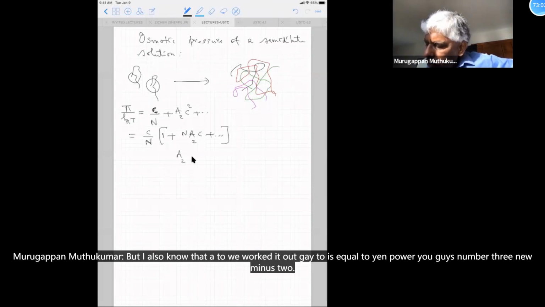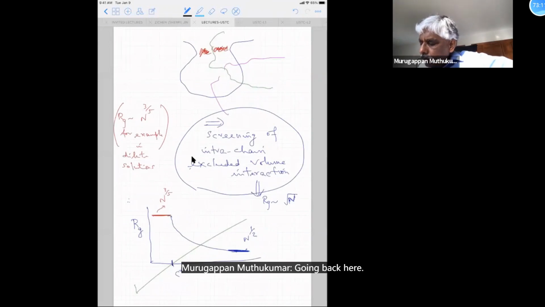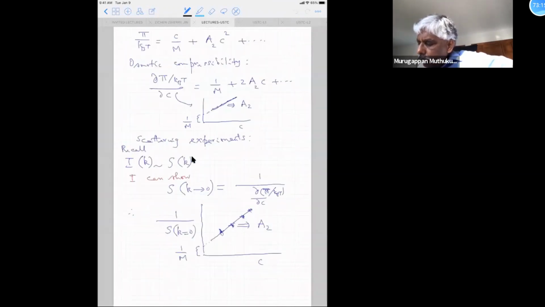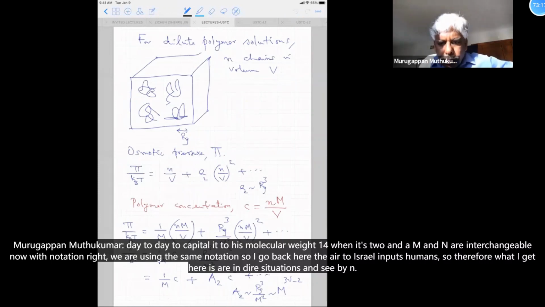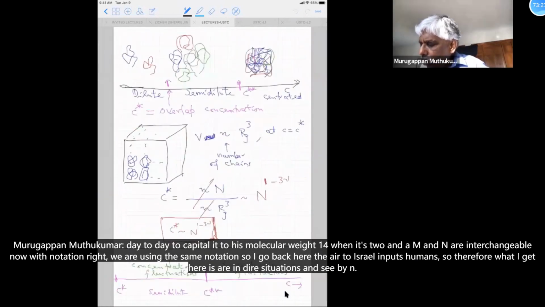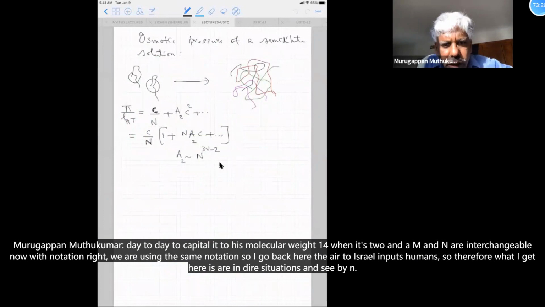But I also know that A2, we worked it out. A2 is equal to N to the power, do you guys remember? 3 nu minus 2. So going back here, capital A2 is molecular weight to the 3 nu minus 2. And M and N are interchangeable in our notation, right? We are using the same notation. So A2 is equal to N to the 3 nu minus 2.